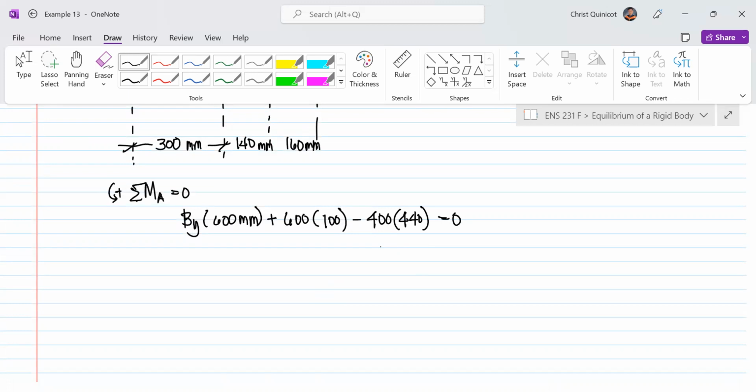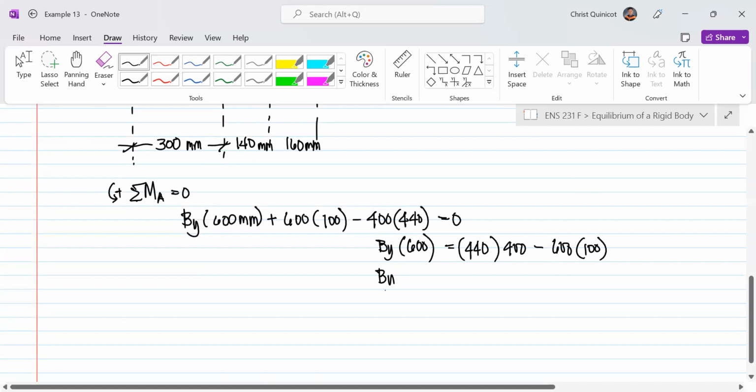So this is B sub y times 600. I'll just drop the units. This is equal to 400 times 440 minus 600 times 100. Before dividing, we solve this first.